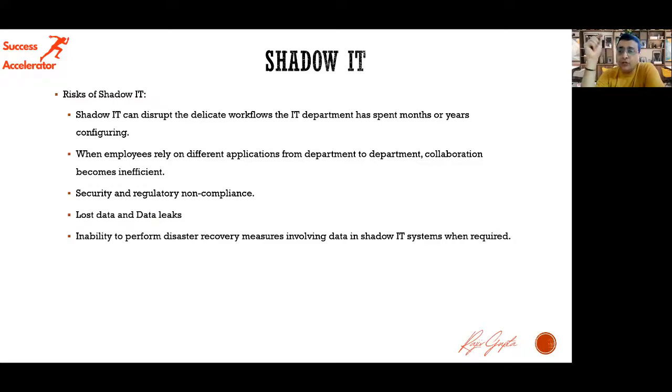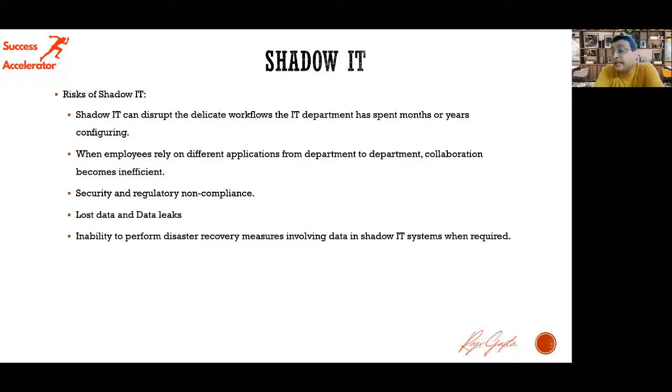They define the frequency, whether we'll take backup daily, weekly, monthly, how we'll do the restoration testing and so on. Now, if a user department has themselves procured a software, it is not in the knowledge of IT department. So no backup will happen, no restoration testing will happen. And hence there is a risk of loss of data.